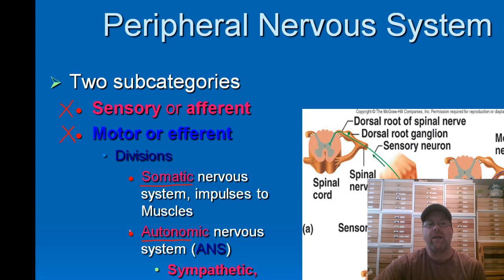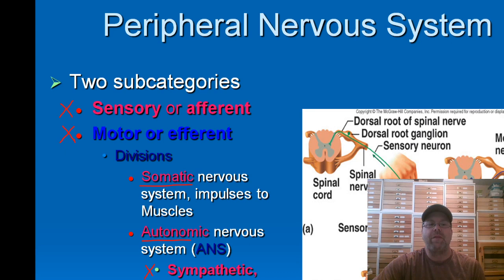Now, the autonomic, and we've seen these words before, is broken into 2 subcategories themselves, sympathetic and parasympathetic. Now, sympathetic and parasympathetic are basically opposites. So what one does, the other does the opposite. So I have speed up and slow down. Well, this is a good example because we can think of our heart.